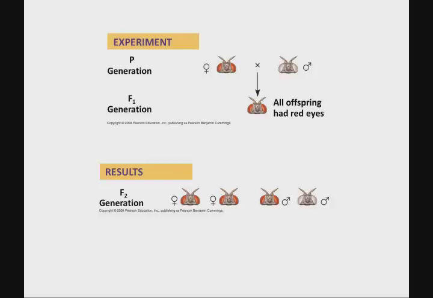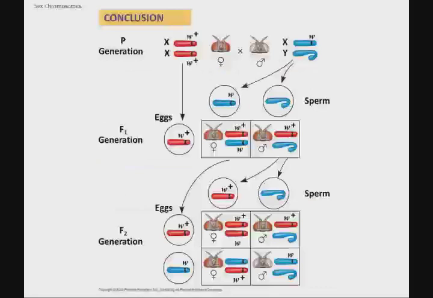This led to the idea that this gene was located on the same chromosome that determines gender, and fruit flies determine gender the same way that humans do, with an X and Y chromosome. If you have an X and Y chromosome, you're a male fruit fly. If you have an X and an X chromosome, you are a female fruit fly.